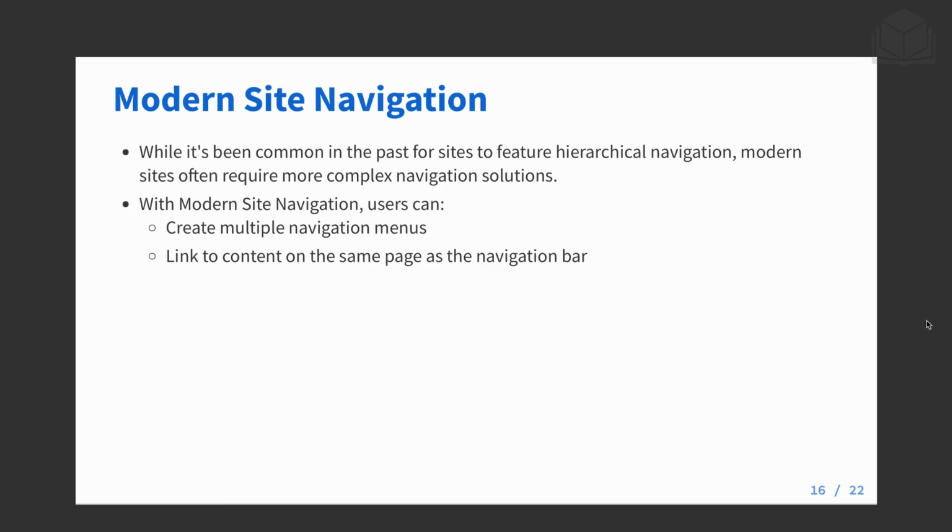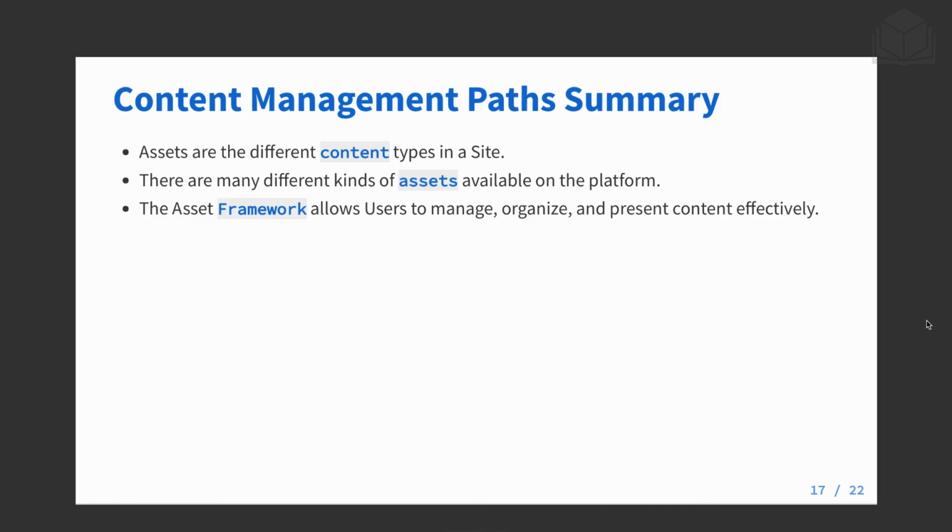Okay, so we can, for example, have our front-end team leverage a secondary navigation menu and embed it on the bottom of the page, or we can have different pages displaying different navigation menus that may have different sets of pages. We now have more control over how our sites are displaying our pages. Okay, so we'll see some examples of that as we continue on as well.